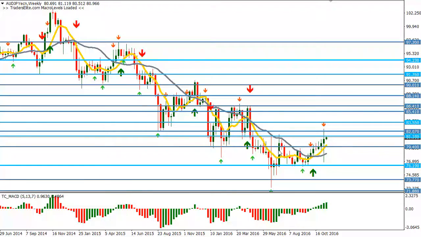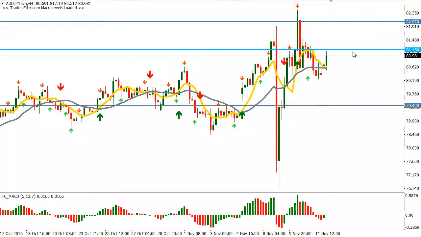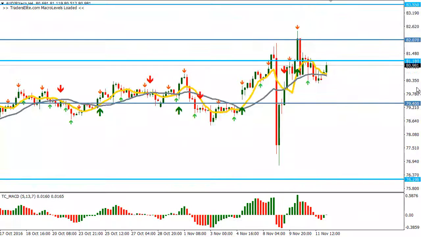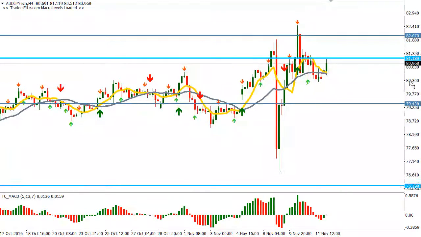So again, just like the dollar yen, the euro yen, and the pound yen, we have moves to the upside. So this 81.18 is the battleground now. If it gets above that, then there could be opportunities for it to move definitely towards 82, which is where recent closes were, and then upward towards 83.55, particularly if the Aussie gets a bit of a bounce from its low positions right now.